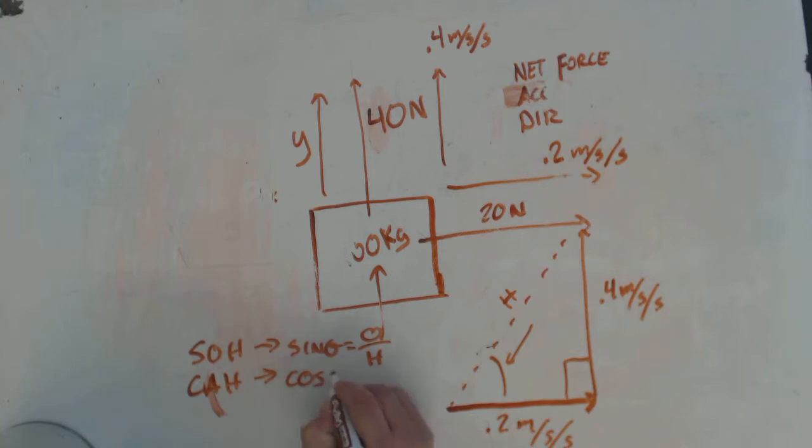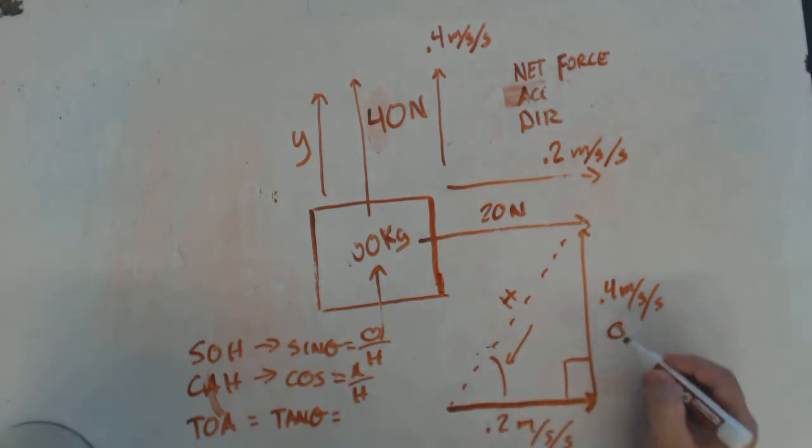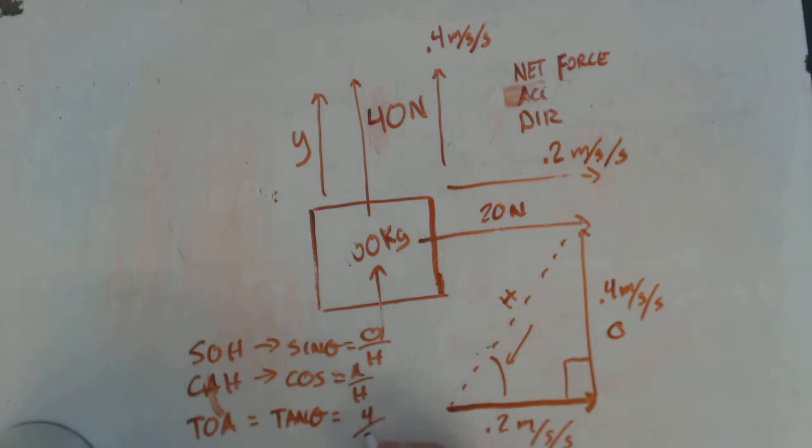Cosine is equal to adjacent over hypotenuse, this being the adjacent, and then tangent is opposite over adjacent. So tangent theta is equal to opposite, which is this side, 0.4 over 0.2.